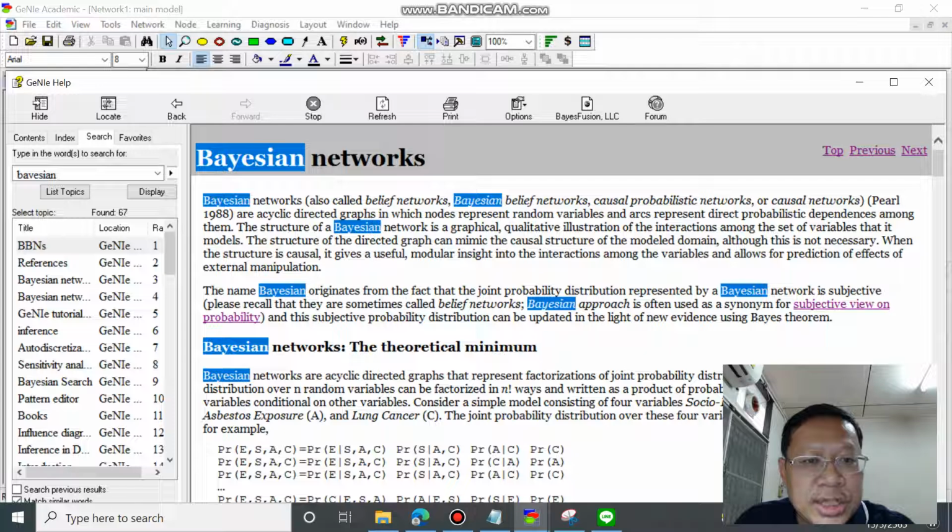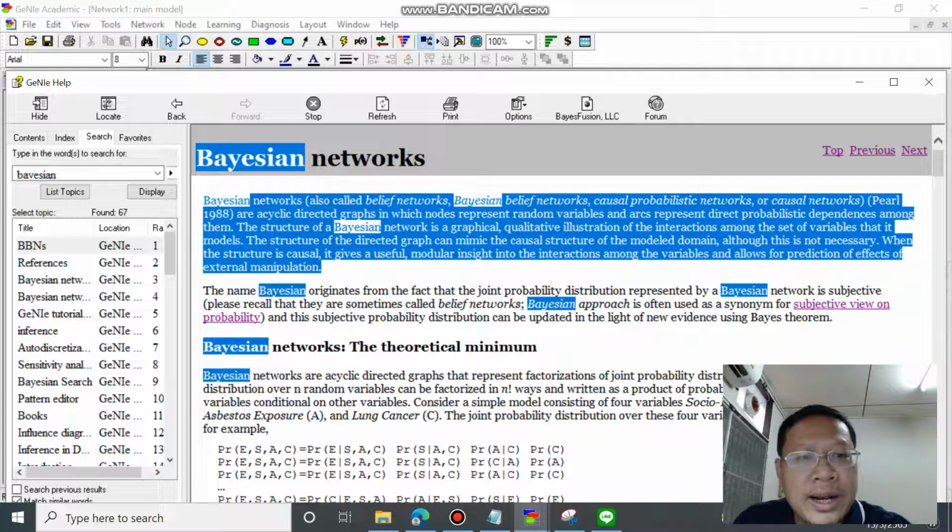When the structure is causal, it gives a useful modular insight into the interaction among the variables and allows for prediction of effects of external manipulation. This whole paragraph talks about what the Bayesian network is.